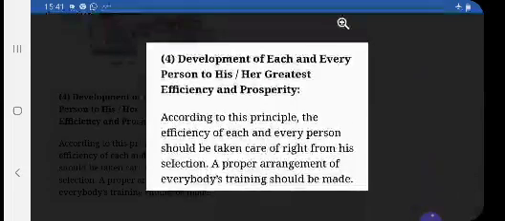Now come to the fourth principle, that is the last principle given by F.W. Taylor, that is development of each and every person to his or her greatest efficiency and prosperity. According to this principle, the efficiency of each and every person should be taken care of right from his selection.